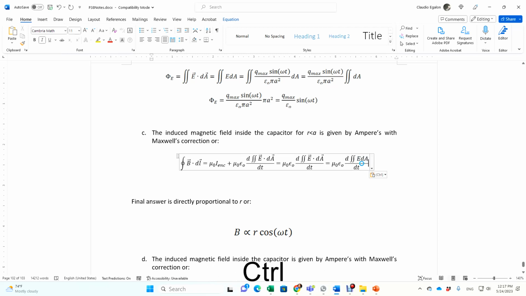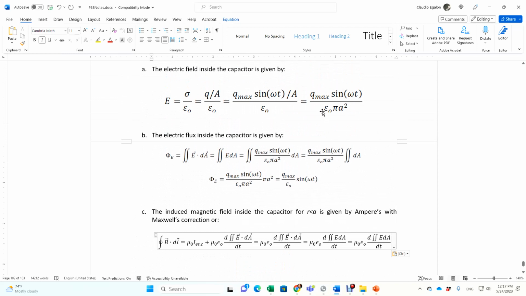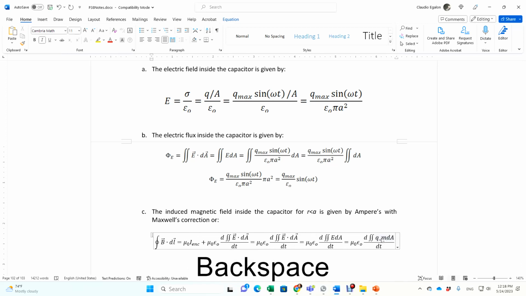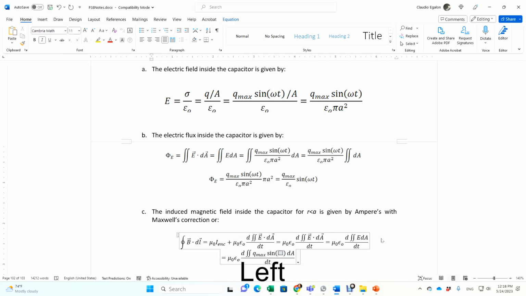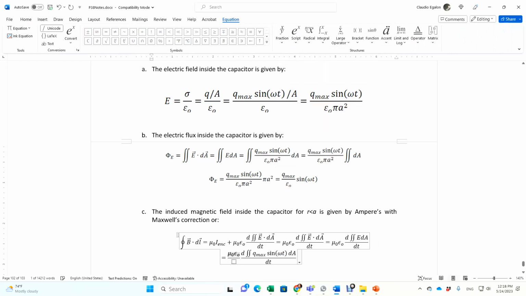The electric field is going to be given by this term that you see right in here, Q max sine omega t over epsilon naught pi a squared. I'm going to put it outside here, since those are all constants, right?